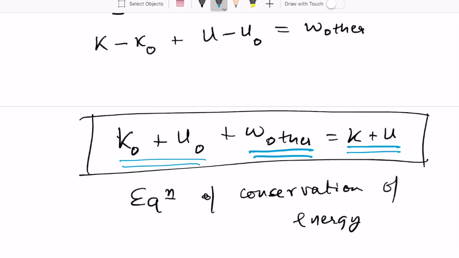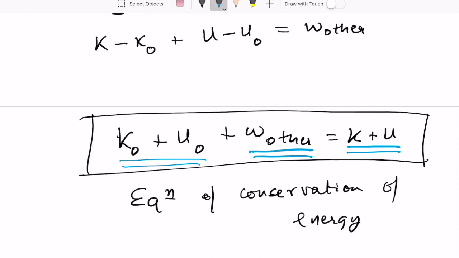So in other words, energy of a system is always accounted for, right? So if a system has 20 joules of mechanical energy, and an external force does 5 joules of work, that means 5 joules were transferred to the system, and so the new mechanical energy of the system will be 25 joules.